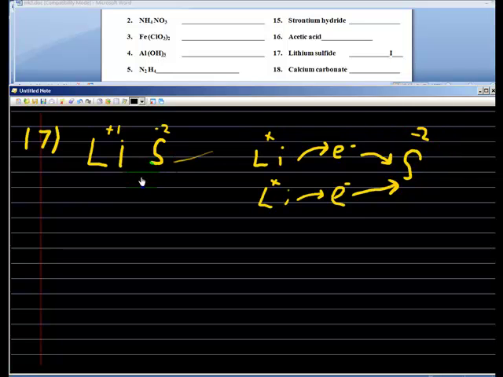So we need 2 lithiums and only one sulfur, and the result is this whole compound is now neutral. It's neutral because the two lithiums are a +1, therefore there's 2 plus charges, and the sulfur is a -2, so the whole thing is now neutral.